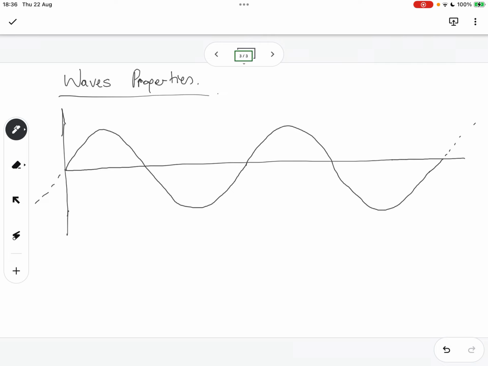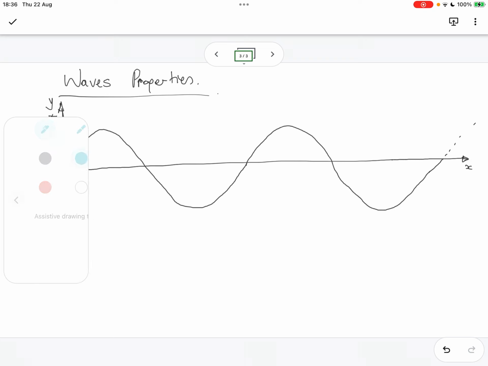So if we look in the y direction, or the vertical direction, versus the x direction, if we start off by looking at the y direction, then this tells us about the displacement. Displacement is measured in the vertical direction.